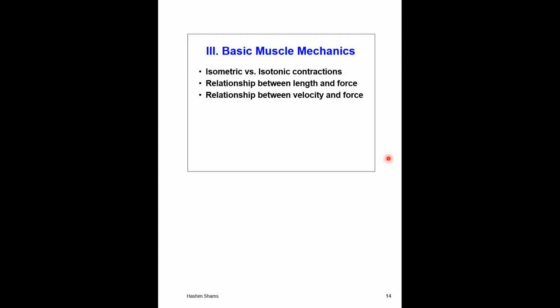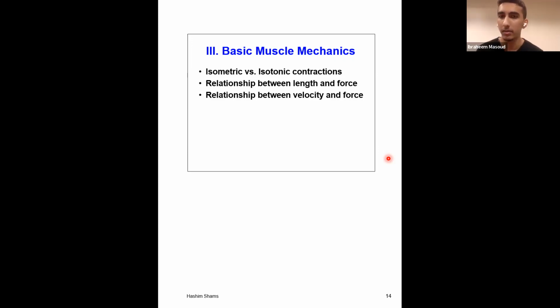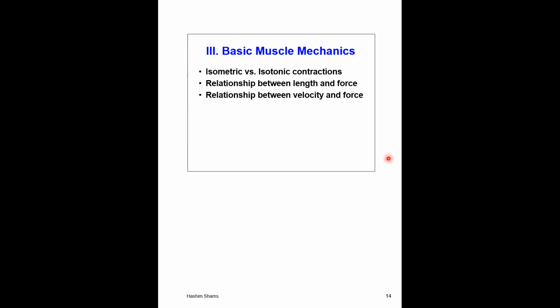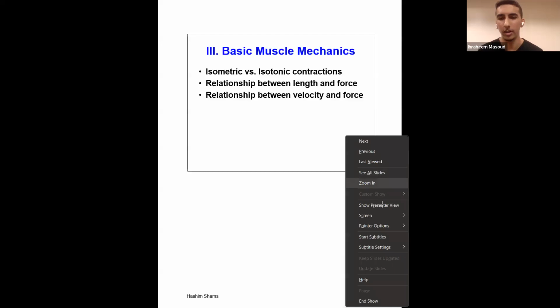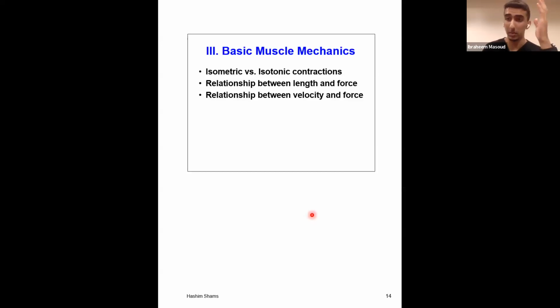I have a question. Yes, say. So we said that calsequestrin holds calcium so that it's in the sarcoplasmic reticulum, right? Yes. Look, it's just a buffer. You know what a buffer is?